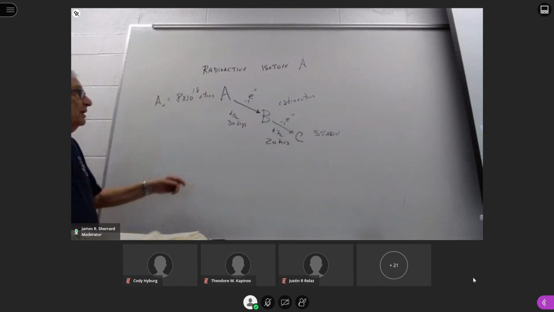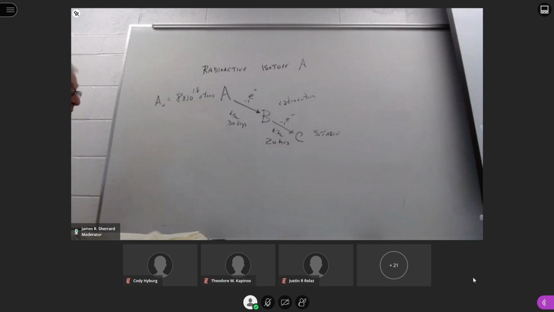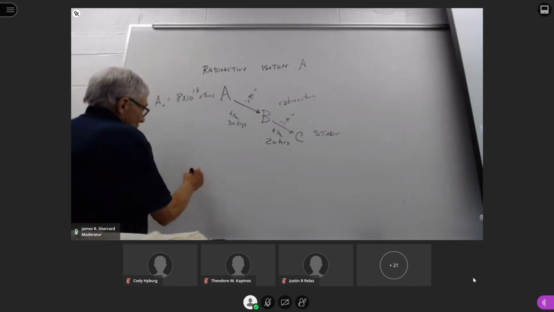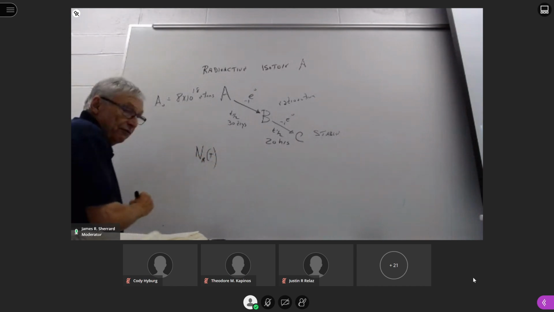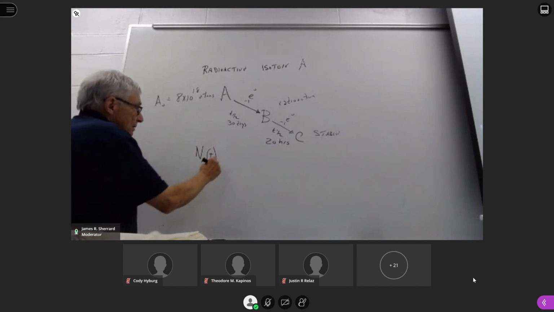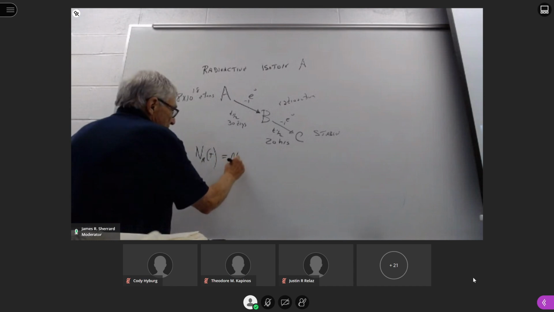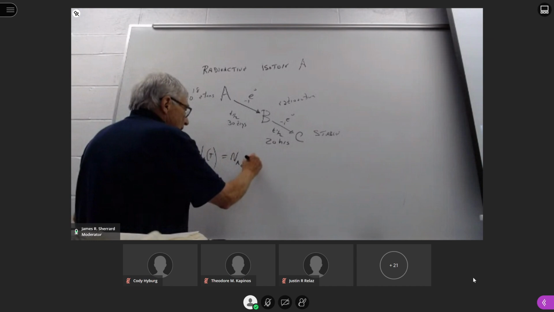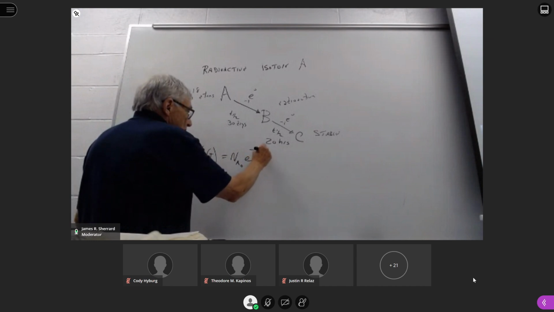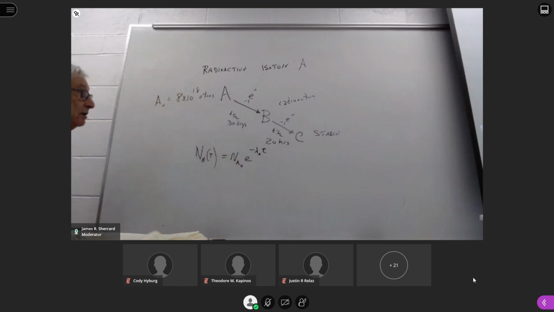What is going to happen? A is going to decay, and how is it going to decay? It's going to decay via the regular decay scheme. We know that the number of A's being radioactive is a function of time. It depends on the number of A's that you had to start with times its decay constant as a function of time.